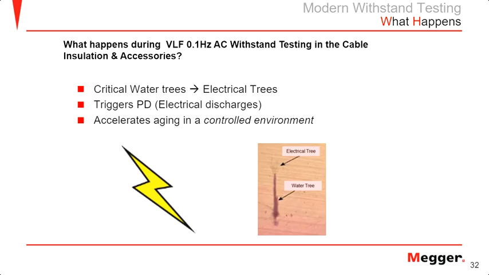So if you are trying to measure partial discharges and you have your equipment connected, then you can also measure partial discharge along with your VLF test. And it accelerates aging in a controlled environment. And that is, again, a picture of an electrical tree and a water tree, and combining them creates a failure.